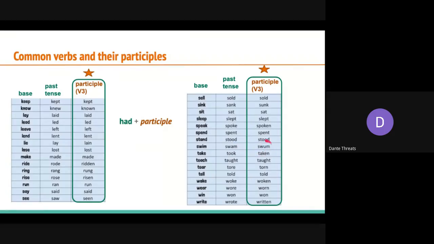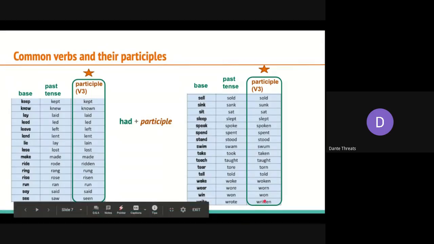Swum? Yes, swum. Last. What is the past participle of the base verb wake? Woken.